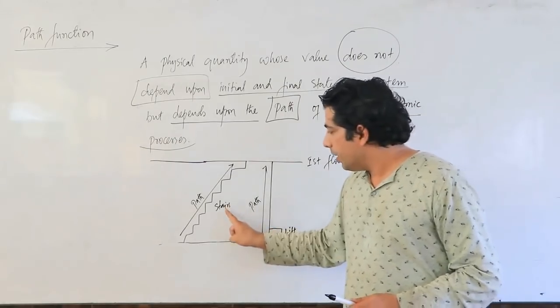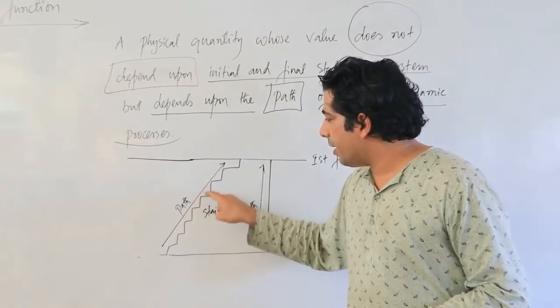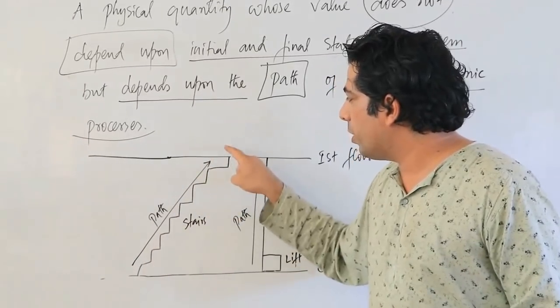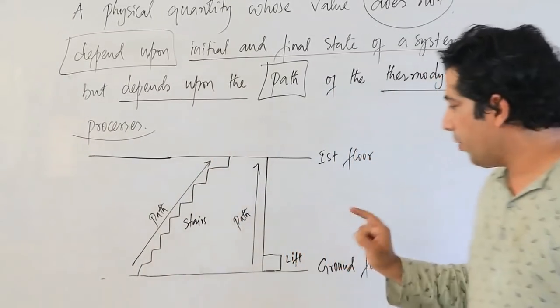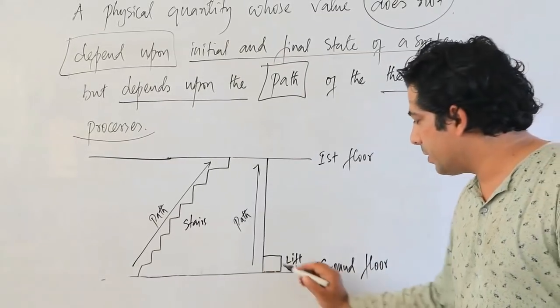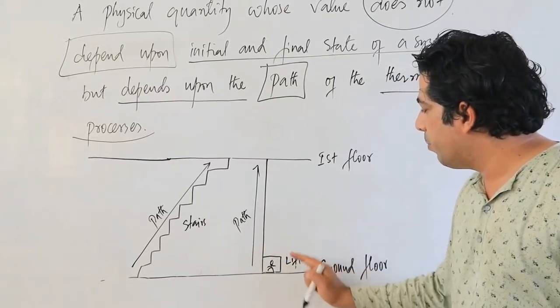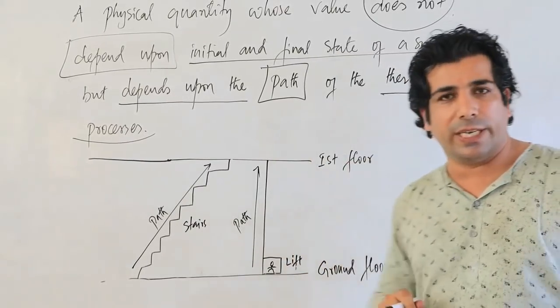Here, a person is just climbing the stairs and reaching from the ground floor to the first floor. Now here the person will be in the lift and will be using the lift and moving from the ground floor to the first floor. Correct or not?